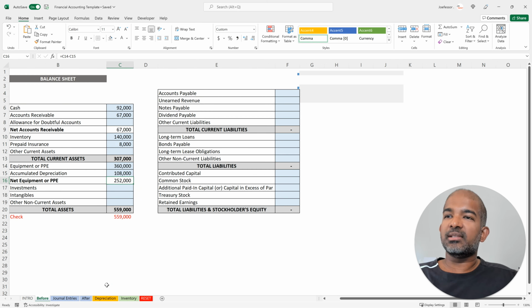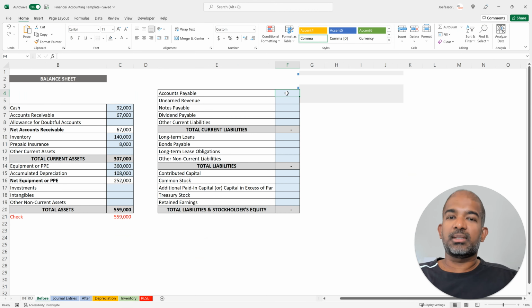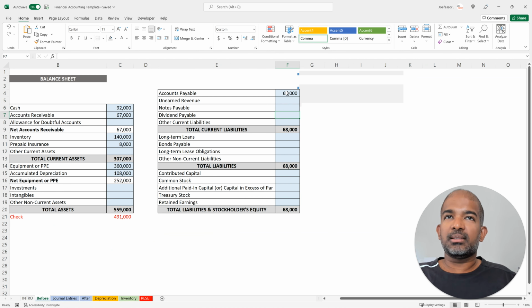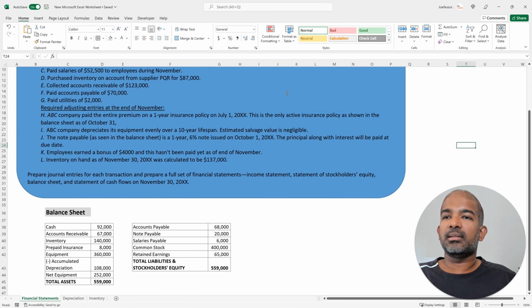Total assets is 559,000. It matches. And on the other side, accounts payable of 68,000. Note payable of 20,000, so the firm has a note payable of 20,000. Salaries payable of 6,000.